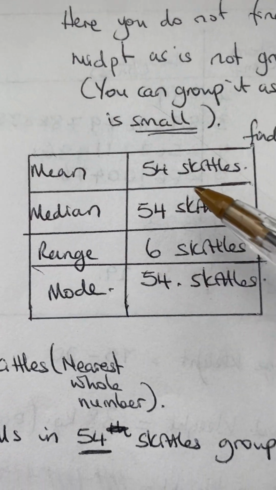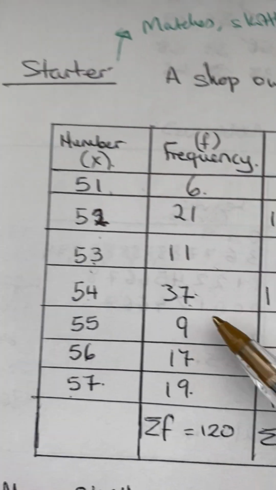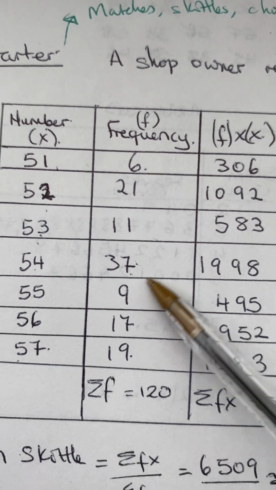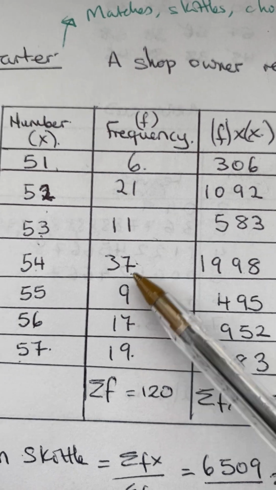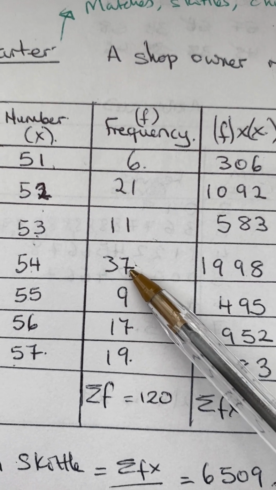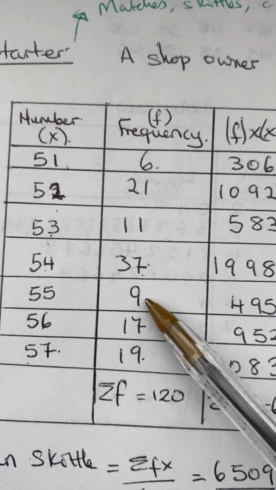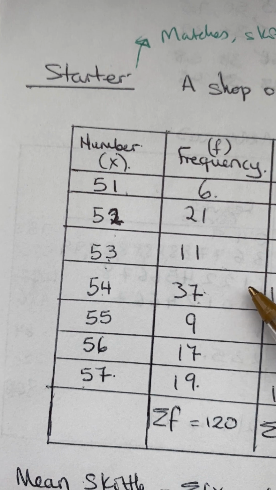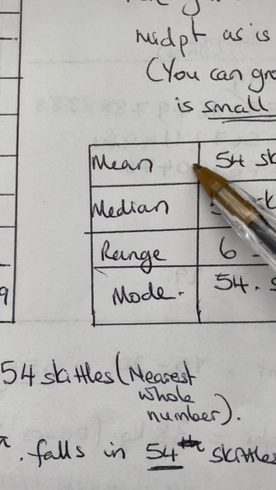So if I'm asked to find the 4 averages, I'll do the mode because I can easily see that. Even if I have to arrange and do the table, I'll write the mode answer there and then find the range, that is if I've been asked to do it, and then maybe do the median, and then do the mean.